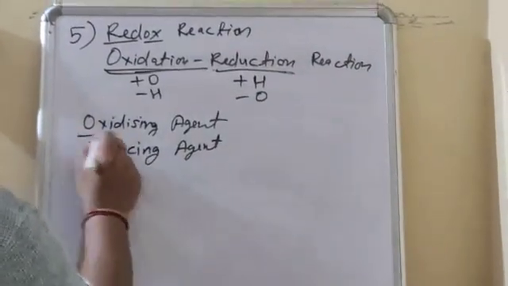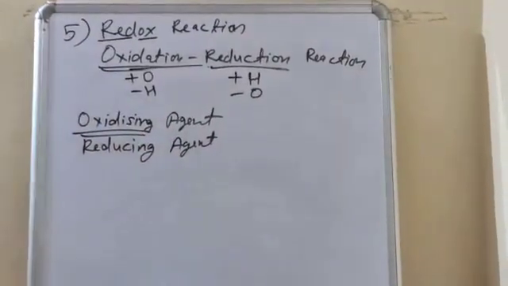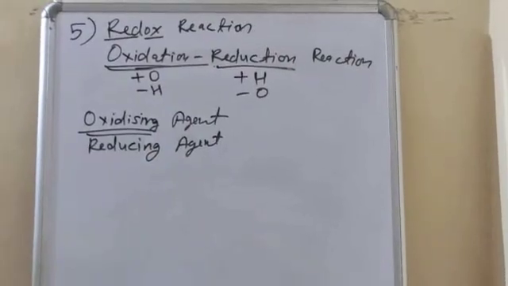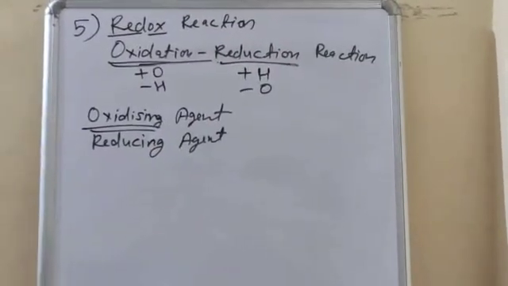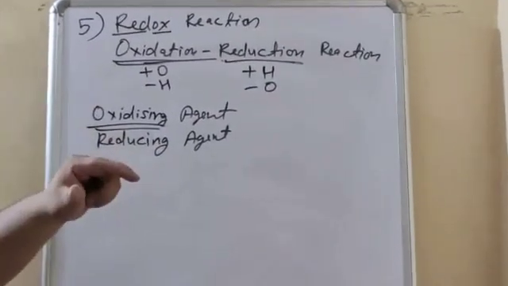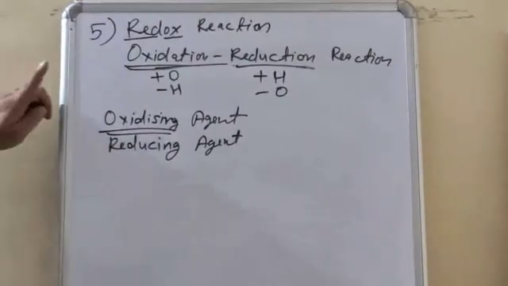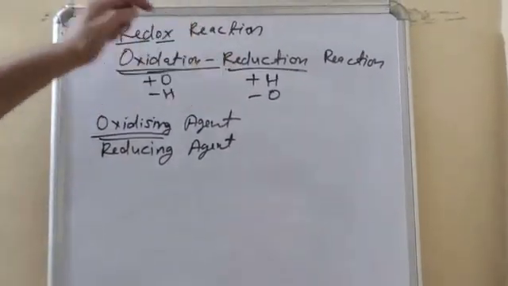First, what is an oxidizing agent? A substance which gives oxygen is known as an oxidizing agent. Simple. A substance which gives oxygen.